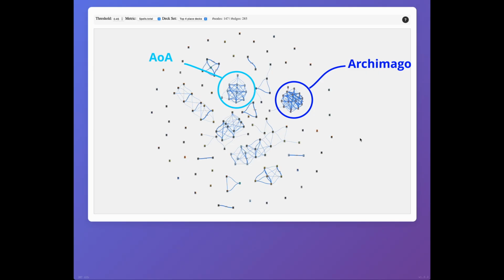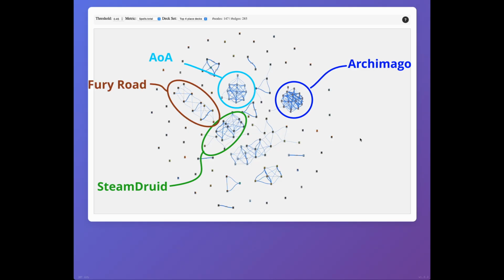Then we also see an Avatar of Air cluster, as well as the Steam Druid cluster, followed by a Fury Road type cluster, an Air Earth mid-range cluster, and then a Pathfinder cluster, and several other decks that don't cluster nicely but are scattered around as singletons, or maybe a single pairwise edge here and there.